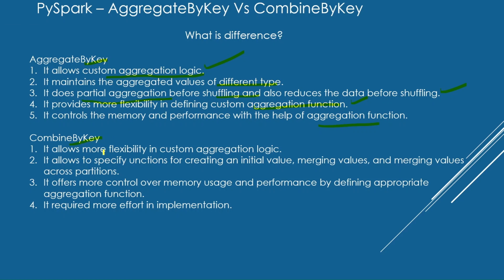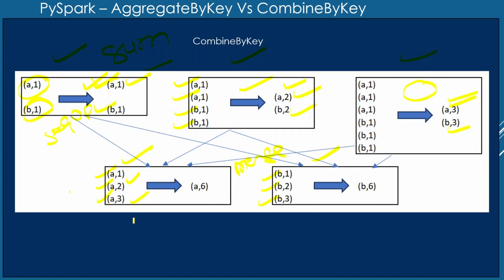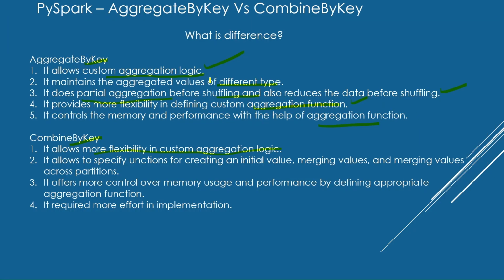Combine by key allows more flexibility in the custom aggregation logic. So if you want more flexibility in writing custom aggregations, then we need to use combine by key. These are the two functions, right? The combination function and the merge function. So we can write custom logic here. It allows specified functions for creating the initial value, merging values, and merging values across different partitions.